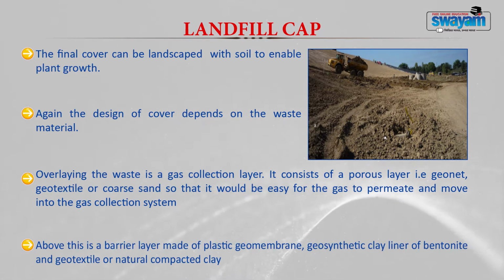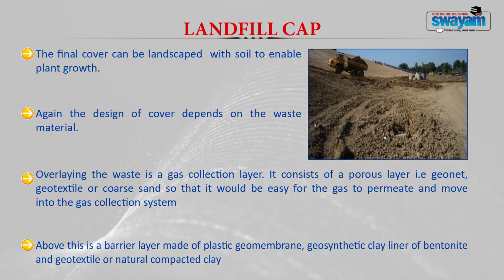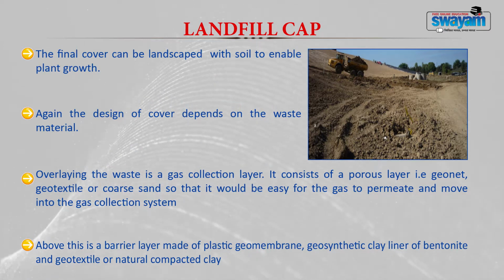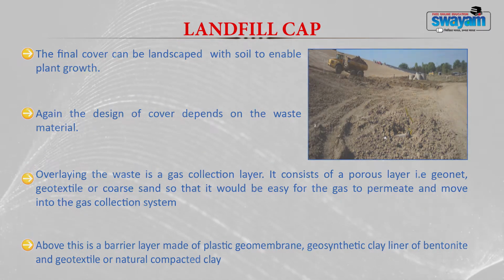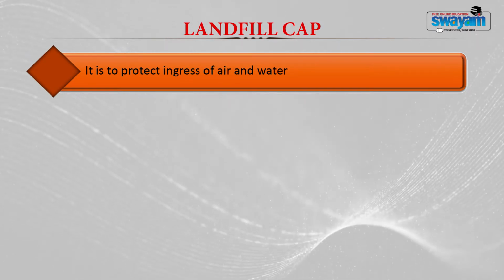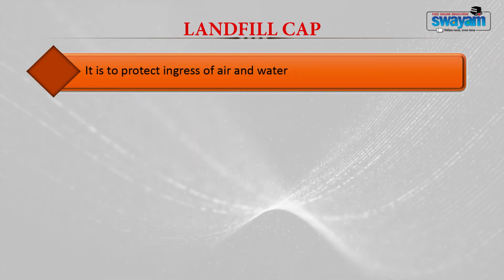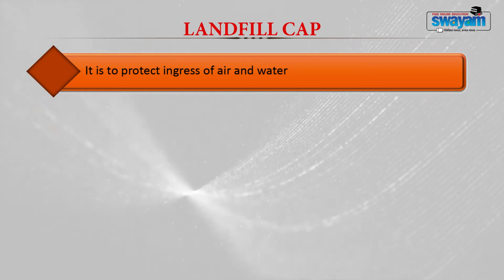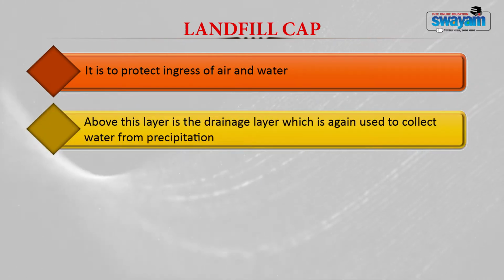Now, above this is a barrier layer which is made up of plastic geomembrane, geosynthetic clay liner of bentonite and geotextile, or natural compacted clay. This layer will again protect against the ingress of air and water into the waste. Above this layer is a drainage layer which is used to collect water during precipitation or rainfall.